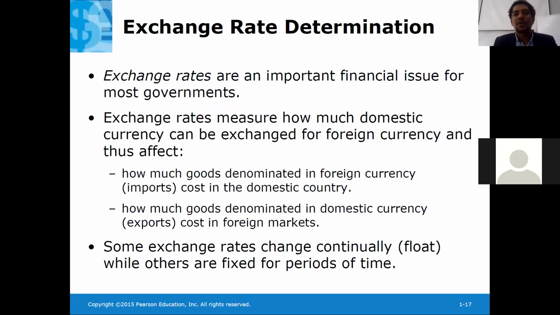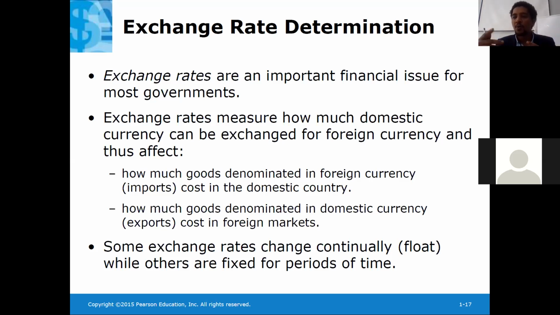Then let's talk about exchange rate determination. So how can a country determine its exchange rate, the exchange rate for the currency, okay? So for example, for Korean won today, $1 could be exchanged for 1,100 Korean won, right?